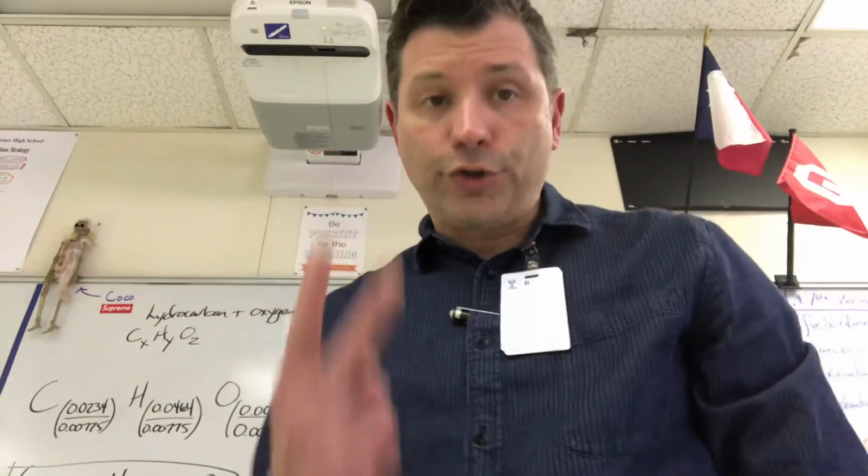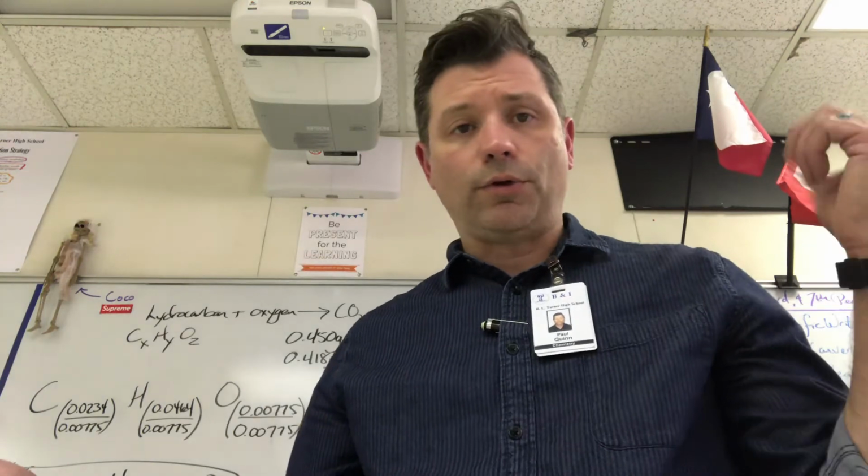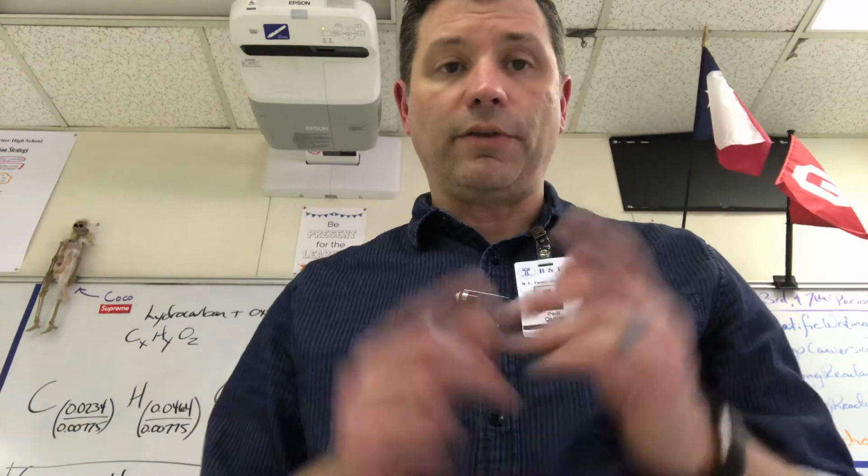If you're going on a two-step, if you're going from grams to moles or moles to grams, you're going to have two different conversion factors: molar mass, molar ratio. Molar ratio comes from the balanced chemical equation. The first thing you have to do is balance the chemical equation. Once you've done that, everything else is easy peasy.